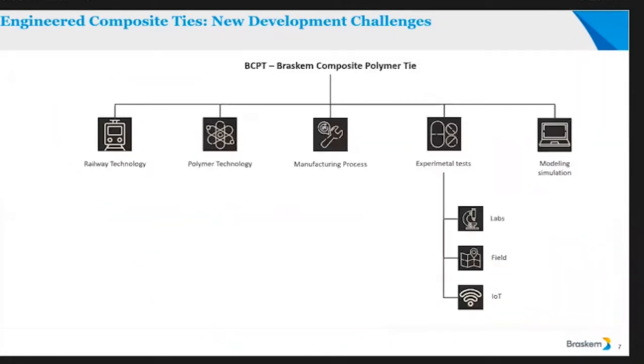So how can we prepare the methodology to check this analysis, especially for the future, especially around the life cycle of the tie? Braskem decided to keep all the knowledge together, talking about railroad technology, polymers technology, manufacturing process, experimental tests, and modeling simulation.